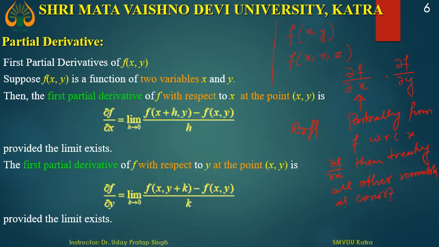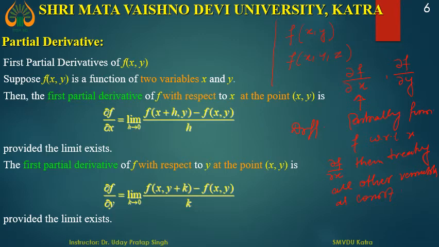What is mathematical definition of dou f by dou x? Remember, you are differentiating this function with respect to x, then change occurs only in direction of x, right? Y remains same. There is no change in y since we are treating y as a constant.